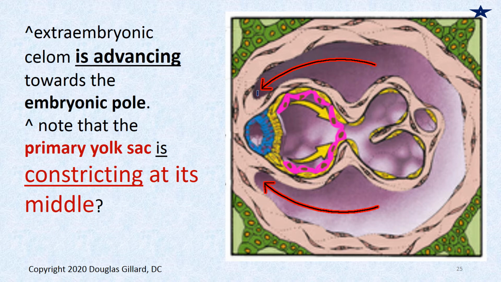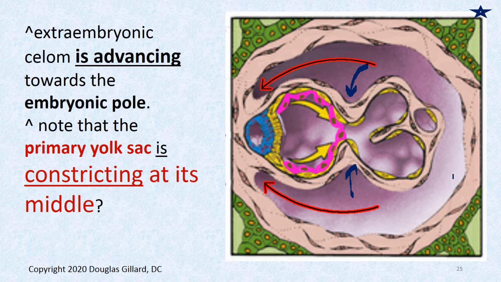And you can see how in this picture it's advancing. It's going to stop right there, but this side is going to keep ripping and ripping. And the pink again, that was all extraembryonic mesoderm. But we see something else happening, don't we? Look at that. What happened to our giant secondary yolk sac? It's getting pinched, isn't it?